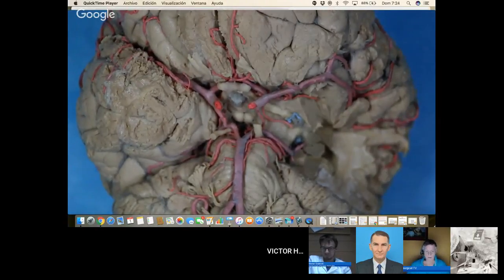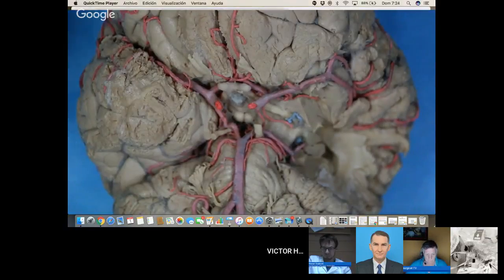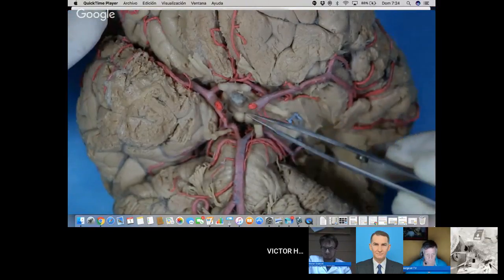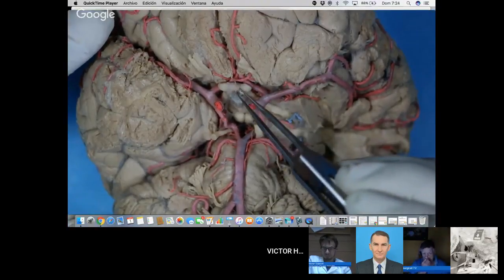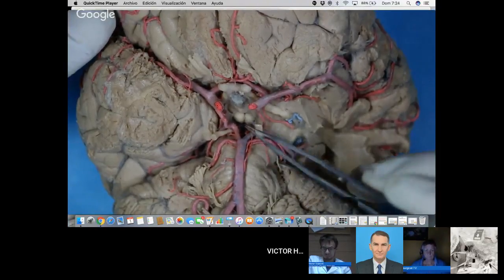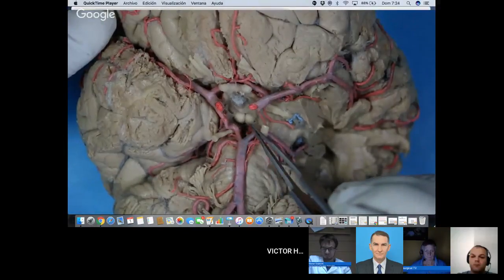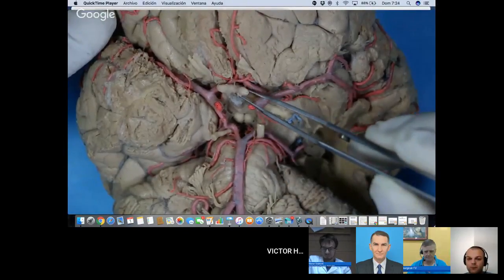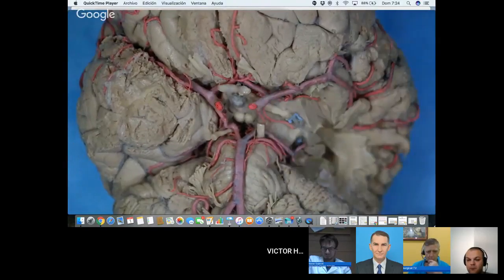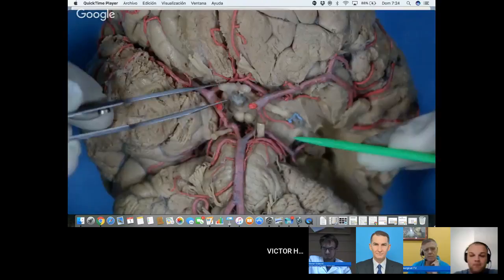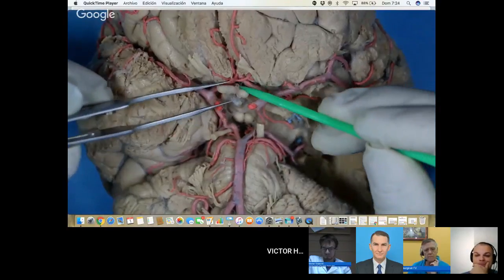This is a nice view of the circle of Willis. The optic nerves, optic chiasm, infundibulum, mammillary bodies, and here we have the anterior cerebral arteries.